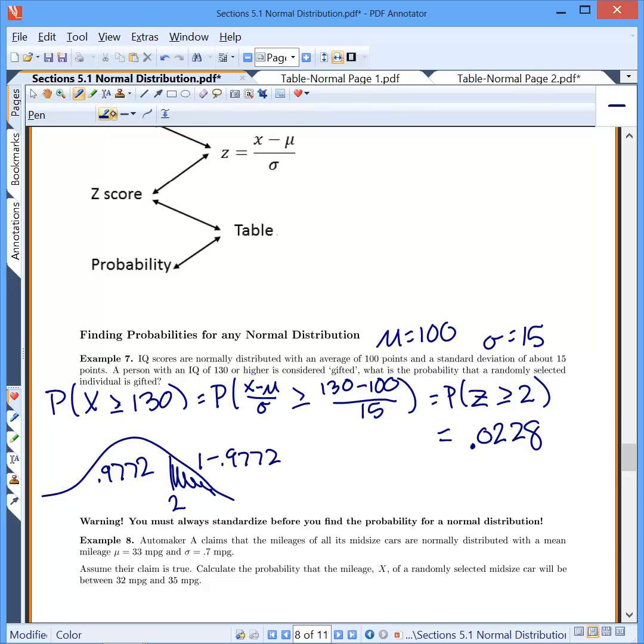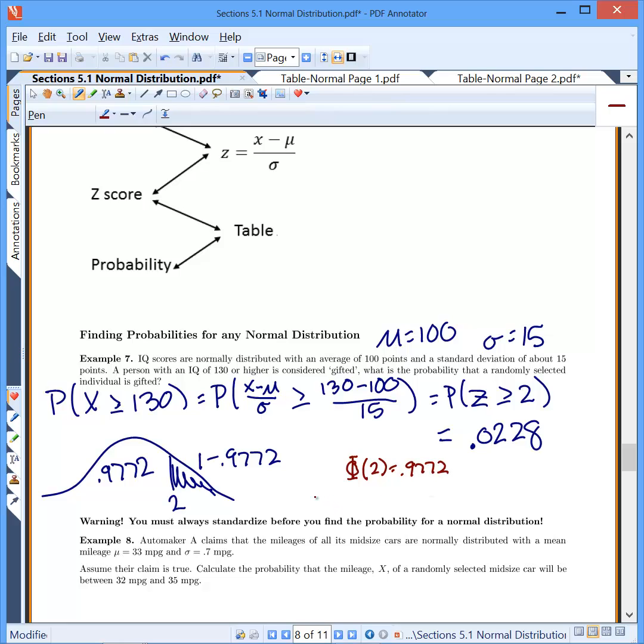Now just so that you are aware, many times the books will use this notation. So when I looked up the area to the left of 2, that was the CDF evaluated at 2. And remember that the CDF for the standard normal distribution is the uppercase phi, so we could say phi of 2 equals 0.9772.